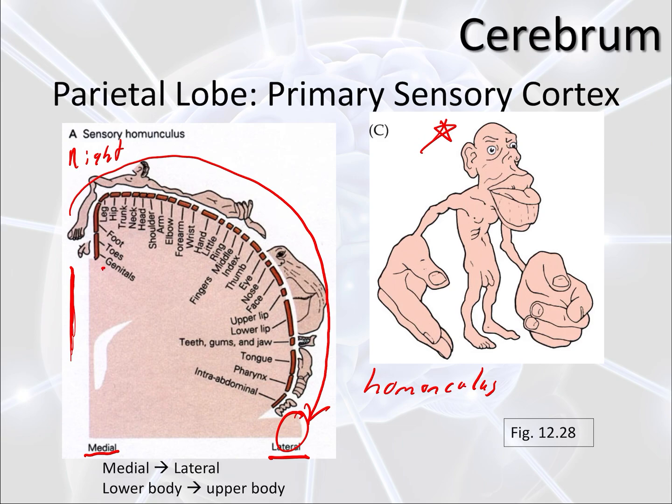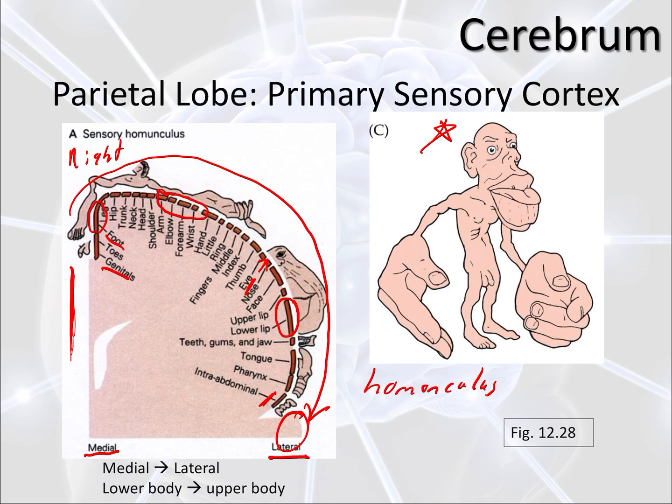So all the way in the medial side, here's the genitals. Here's the foot, right? Then we work our way down to the eye, way over here, right? Intra-abdominal, way down here by the ear. Okay, and you can see that the bigger the region is, the more sensory information you have. So look at that, the lower lip is huge, almost as much sensory information going to the lower lip as you have going to the whole arm here, right?